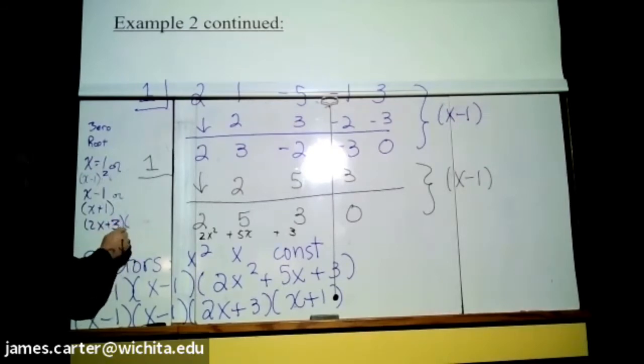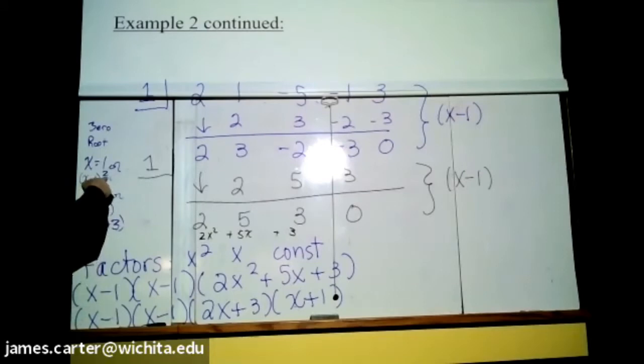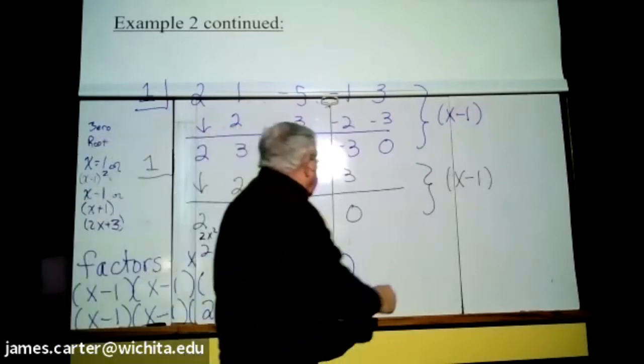We've got 2 of these, 1 of those, and 1 of these. This one is a 2nd multiplicity, a touch and go. These 2 are both, in this case, single multiplicities.